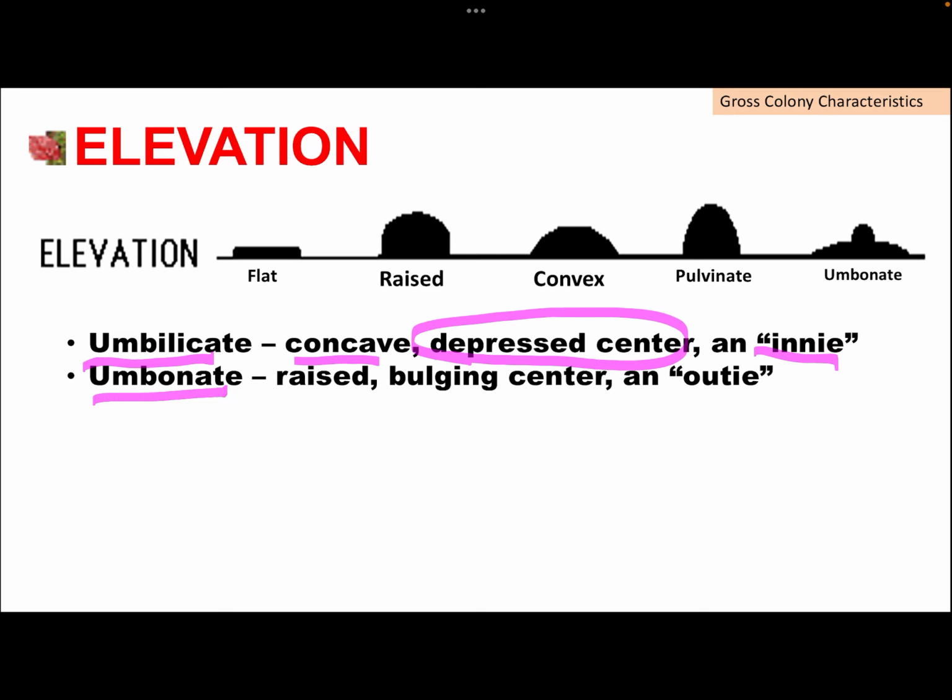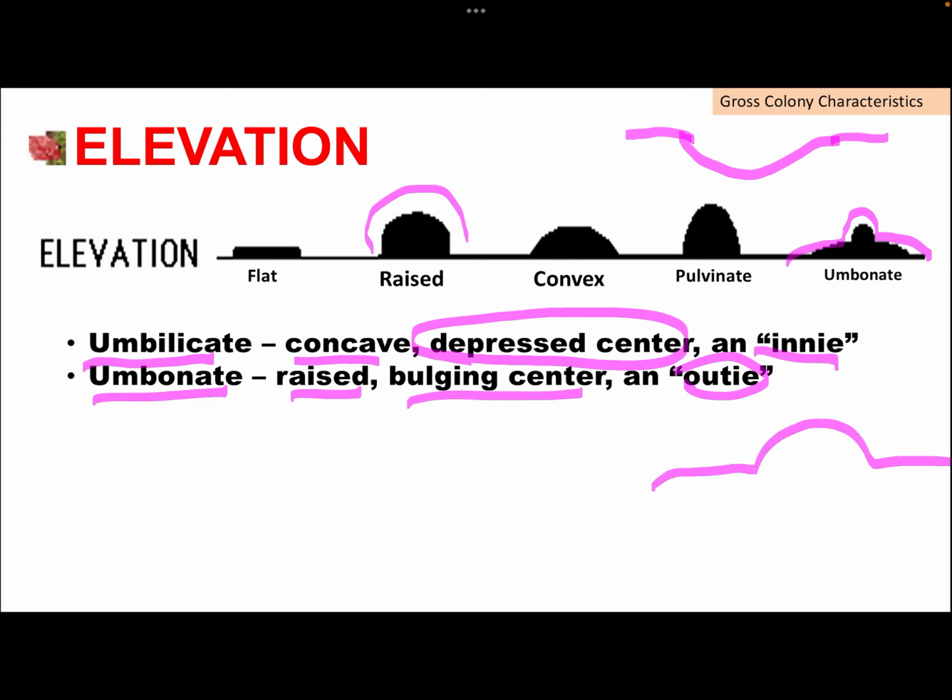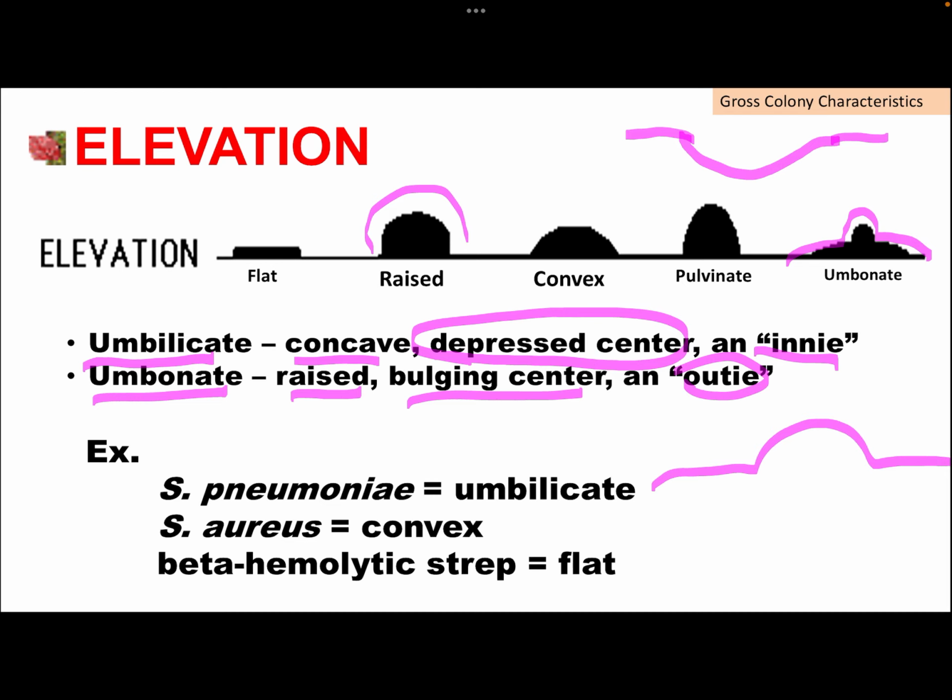Umbonate, on the other hand, is raised, with a bulging center, it's an outie. That's umbilicate and umbonate. So this one is umbilicate, and this one is umbonate. As I mentioned, Streptococcus pneumoniae is umbilicate.